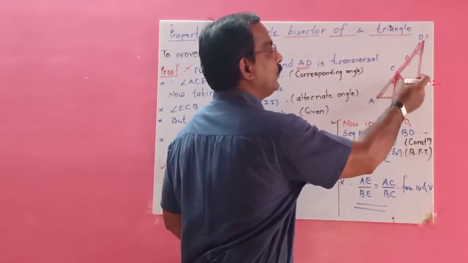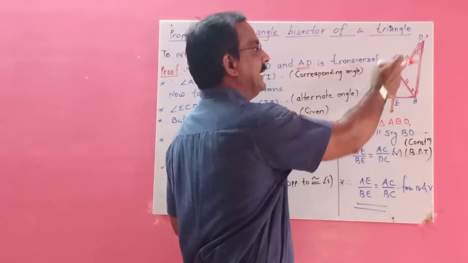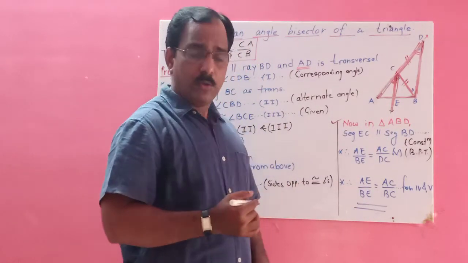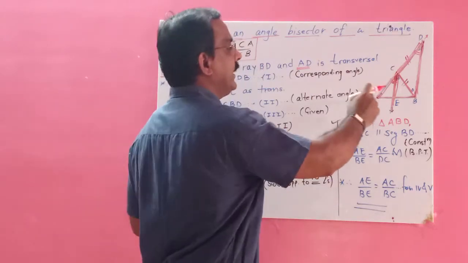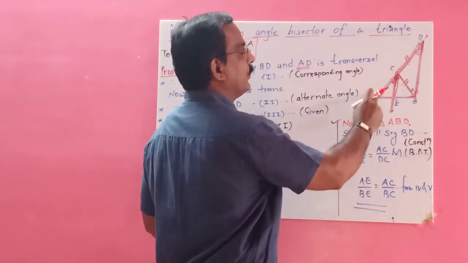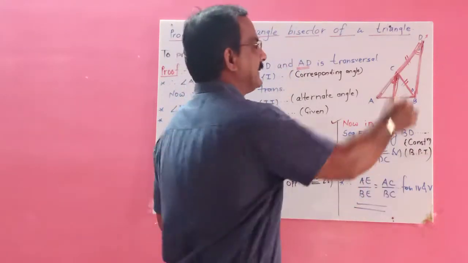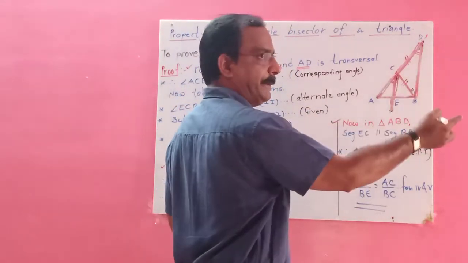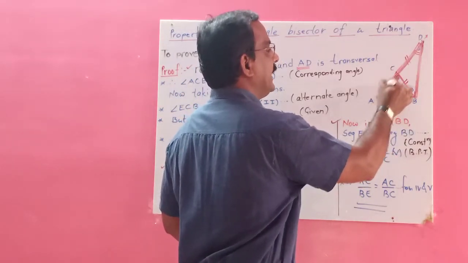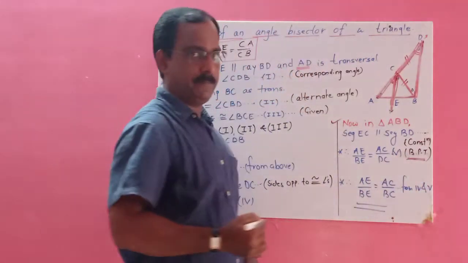If a line is parallel to a side of a triangle, then the same line divides the remaining sides in the same ratio. So here AE upon EB is equal to AC upon CD by BPT. This line is parallel to this, apply BPT, so you will get AE upon EB equal to AC upon CD. Point number 5, and by BPT, this is the reason.